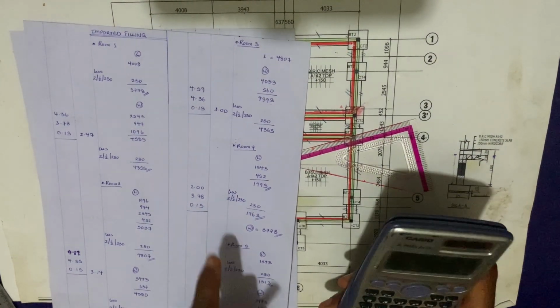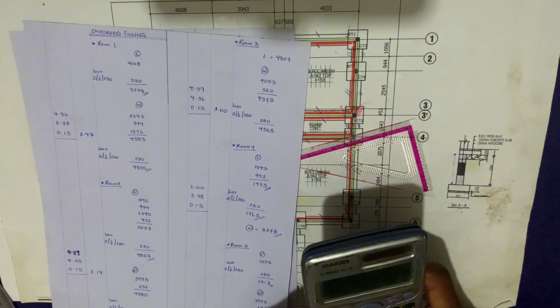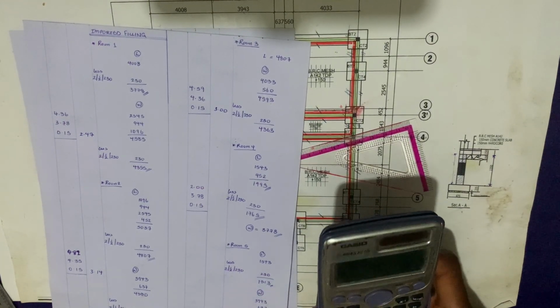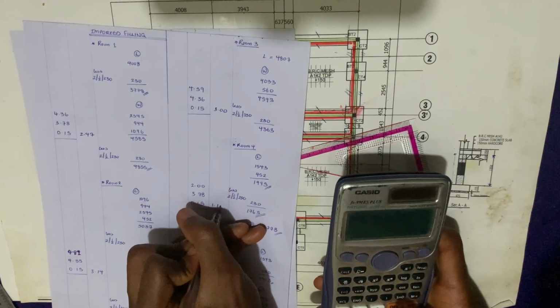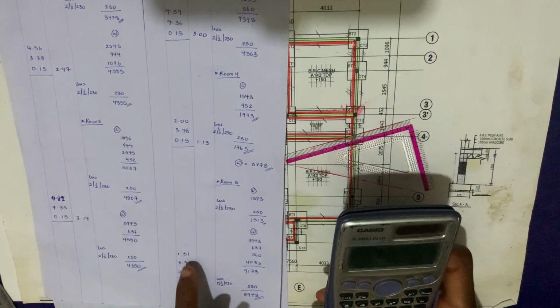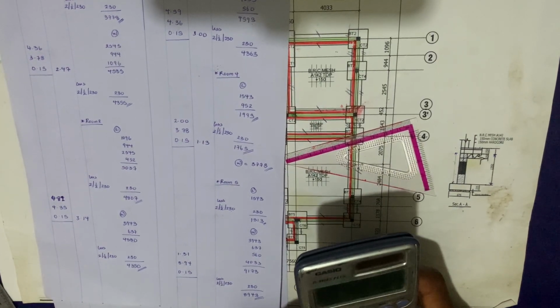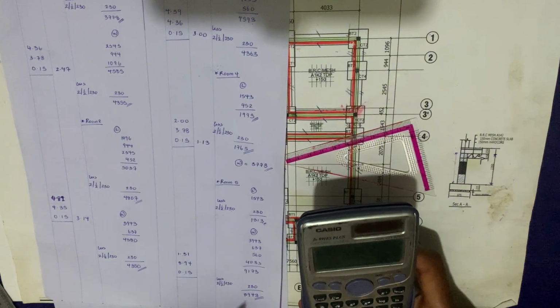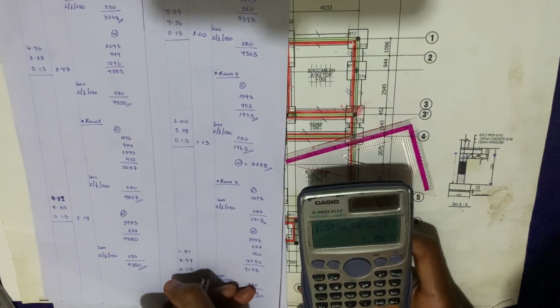For room 4, 2.00 times 3.78 times 0.15 is equal to 1.13. For room 5, 1.31 times 8.94 times 0.15 is equal to 1.76.